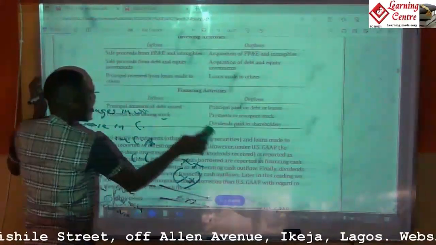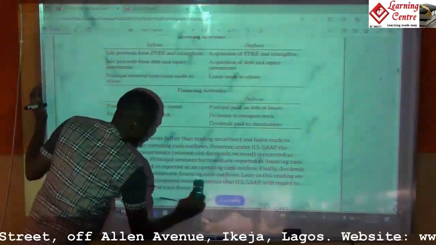So how do we calculate our investing activity?